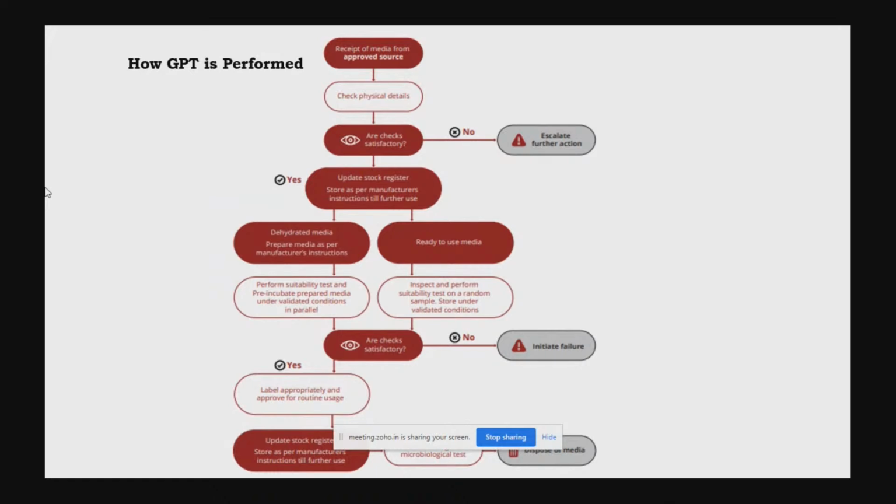We give the desired incubation condition. After completion of incubation, we observe the growth of microorganisms. For selective media, it is just a qualitative test, and for general purpose media like SCDA and R2A, we need to quantify the CFUs.